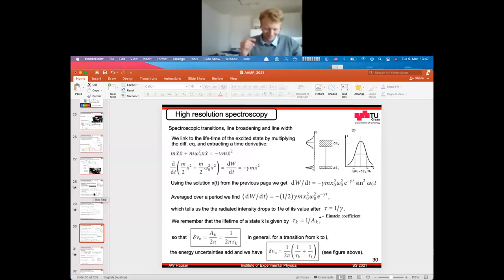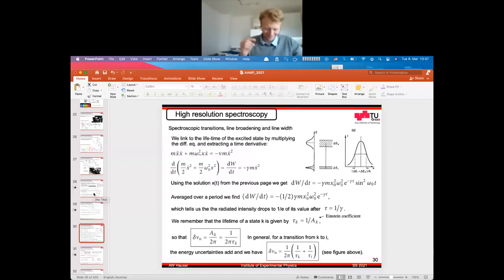The first type of broadening we're going to discuss is the natural line width, related to the Heisenberg uncertainty relation, saying that we have a certain lifetime, tau or delta t, of some state. It is an excited state that has a certain lifetime, meaning that after this lifetime, it will relax to its ground state. And this product of energy and time has to be larger than h bar.